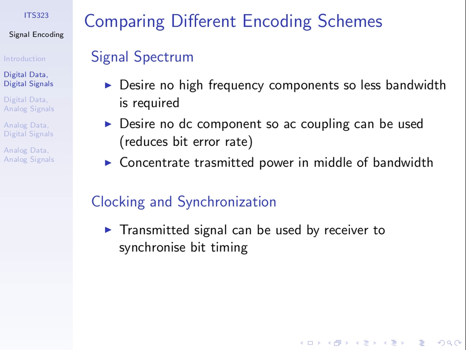Did we get it correct? 1, 0, 1, 1, 0. Why have we got an extra 1 here, when we transmitted 1, 0, 1, 0? Because the receiver's clock is incorrect, it's measuring the signal at the wrong time.